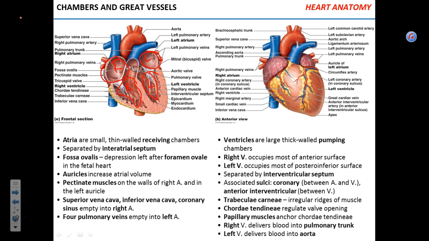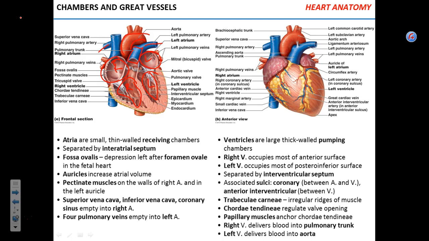And I think we kind of mentioned en passant the so-called great vessels. So basically pulmonary trunk right here that branches into the pulmonary arteries that deliver deoxygenated blood to the lungs, and we mentioned the aorta that delivers oxygenated blood to the systemic circulation to all tissues in the body.